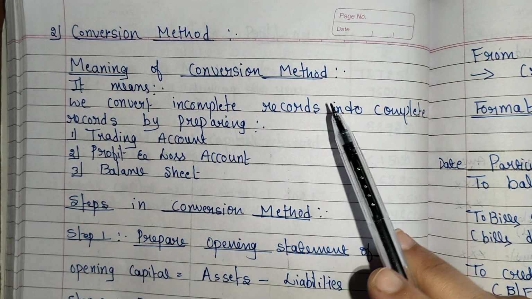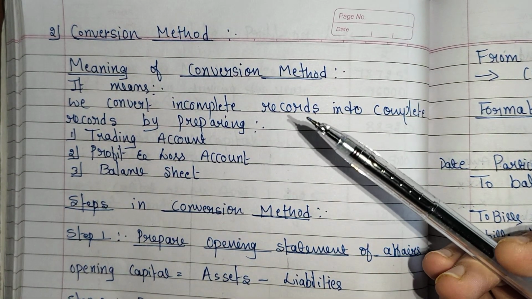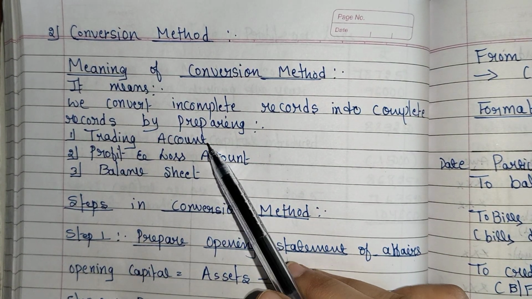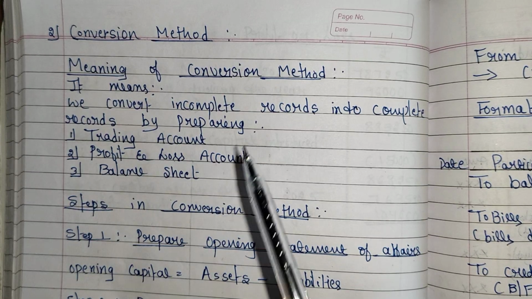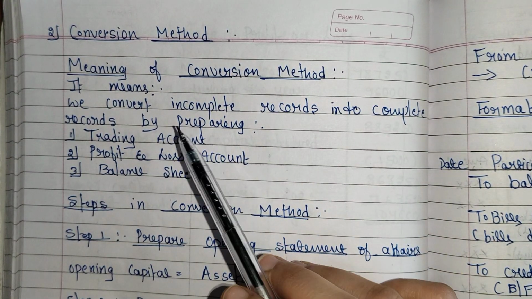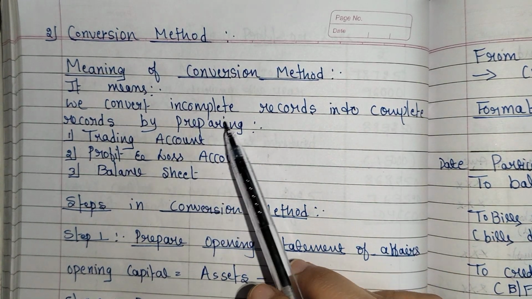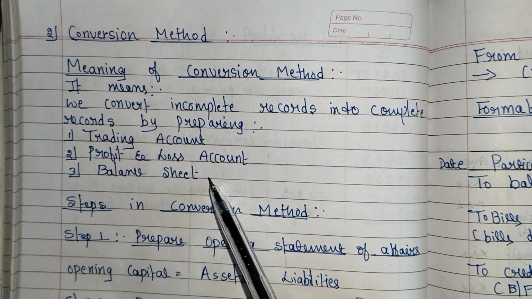See, as the name suggests, conversion method. Convert incomplete records into a complete double entry system by preparing trading account, profit and loss account and balance sheet. So what is the meaning of conversion method? We convert incomplete records into complete records by preparing trading account, profit and loss account and balance sheet.